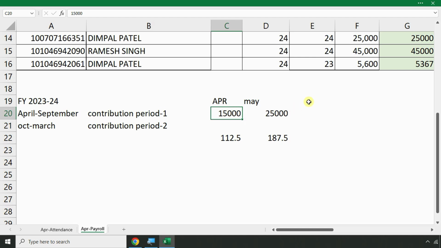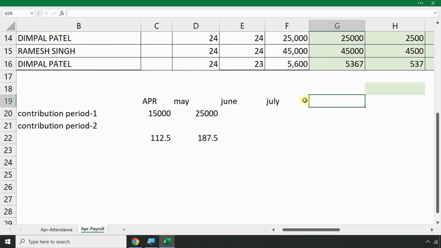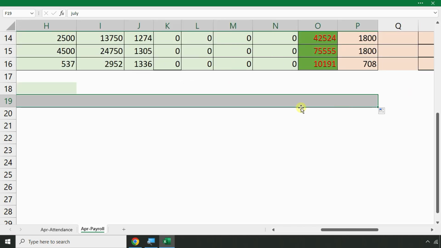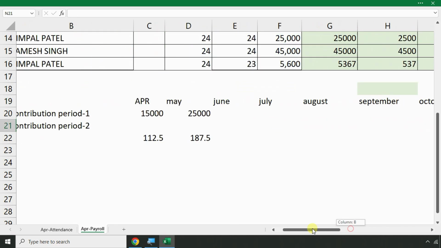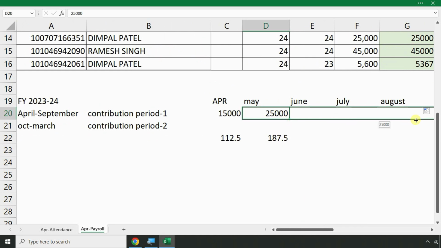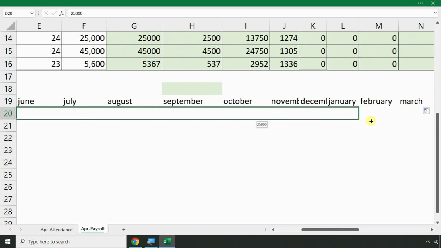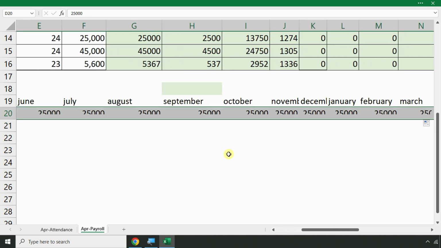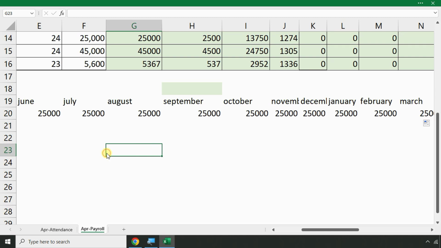If the same salary continued till May, June, July, like this, in the month of June also, so till March you have the same salary 25,000.